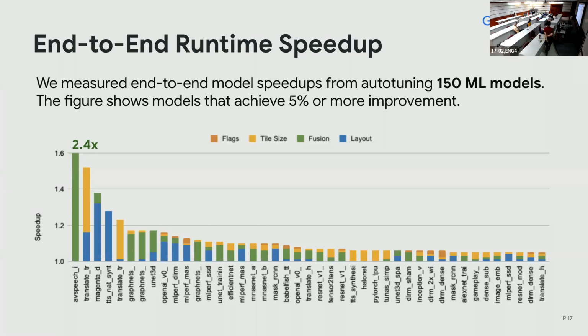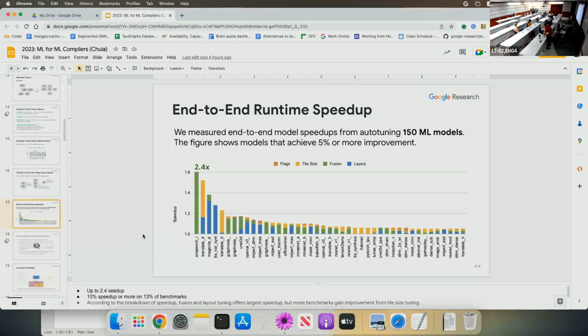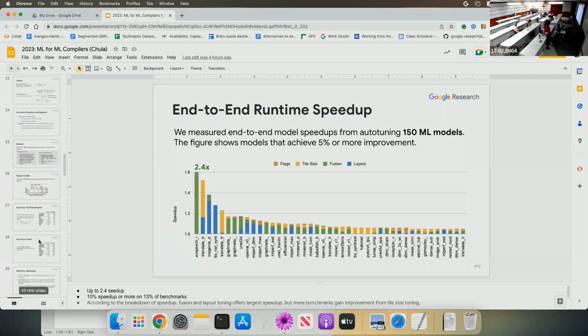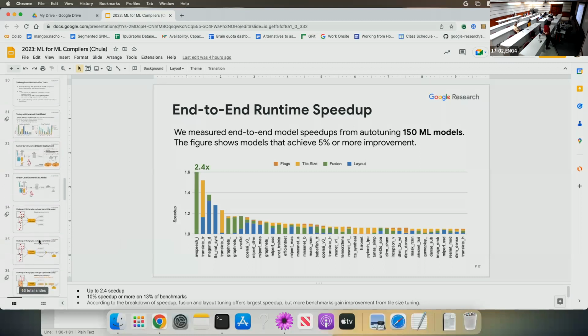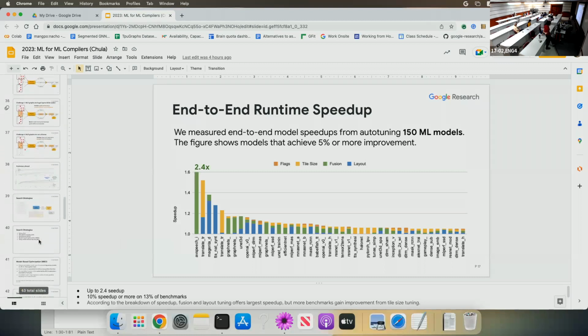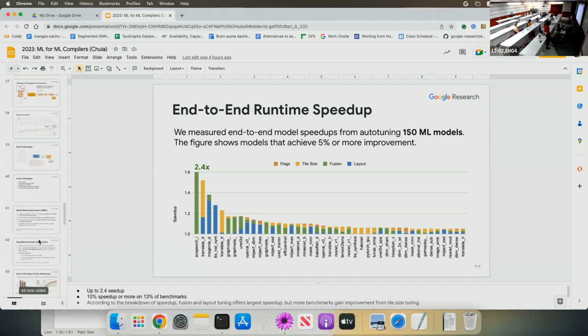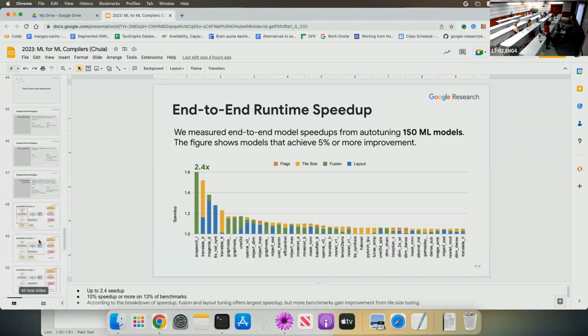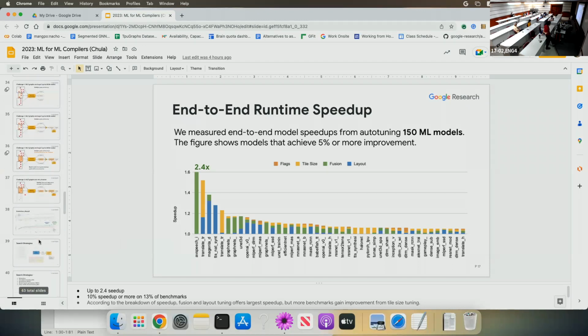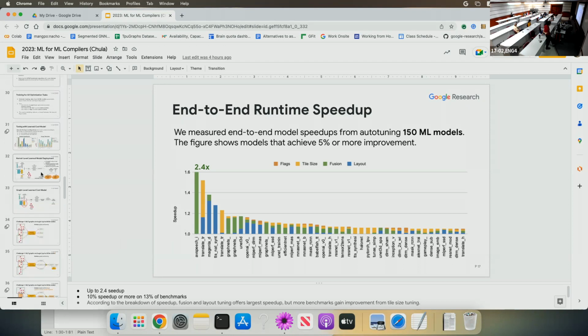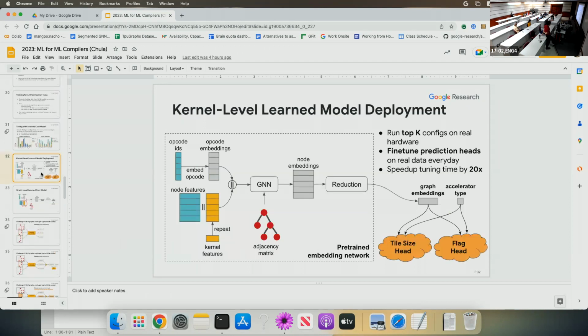In the slide I talked about for the kernel level model, you can essentially freeze the GNN parts, and then you just need to fine tune the last layer. We actually do this in production, and it seems to work pretty well across, I think, 3 generations of TPUs.